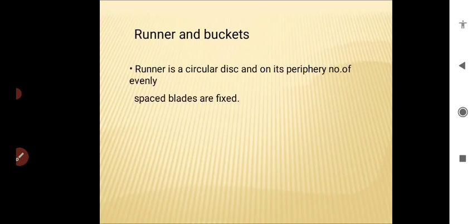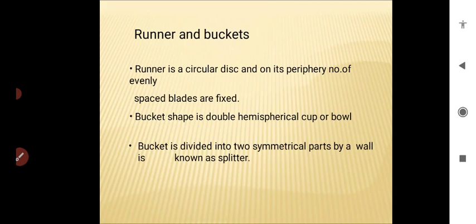Now the second one is the runner and buckets. The runner is a circular disc and on its periphery a number of evenly spaced blades are fixed. The bucket shape is a double hemispherical cup or bowl.